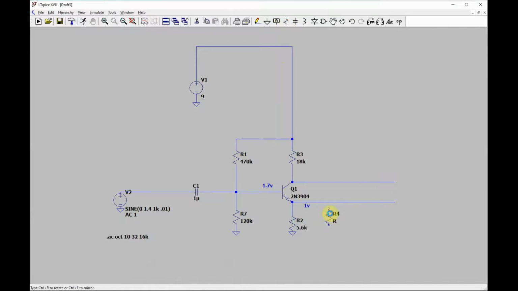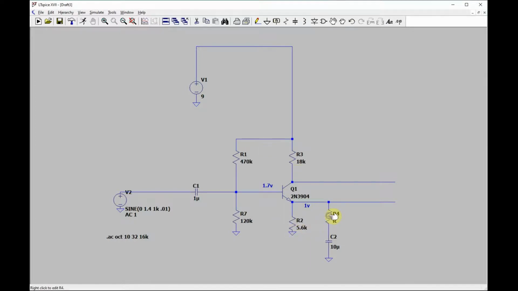First of all, you take a capacitor and you bypass the emitter resistor, and let's say right now we have a gain of 3.5. If you want to be almost 10 times, then you'd have to lower this from 5.6K to 560.